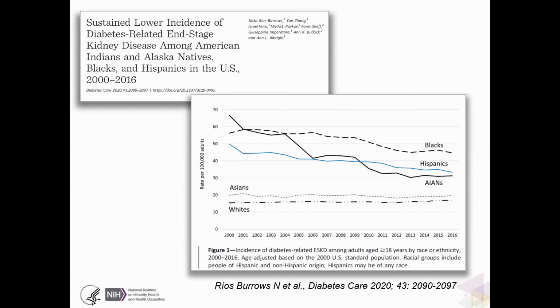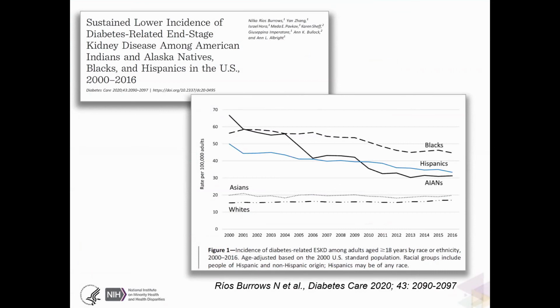And the authors reported that over a 16-year period, American Indians experienced a 53% decrease in incidence of end-stage renal disease related to diabetes. Hispanics experienced a 33% decrease, and Blacks experienced a 20% decrease. Asians did not experience any change, and for whites, there was a 10% increase.